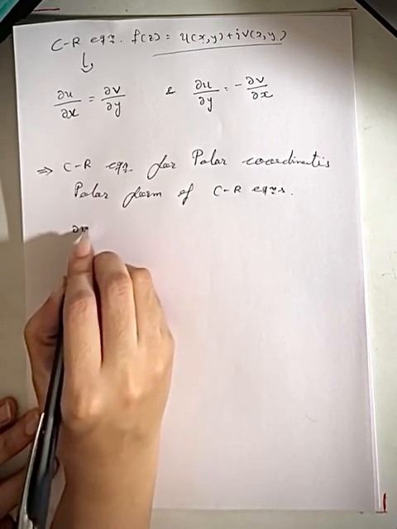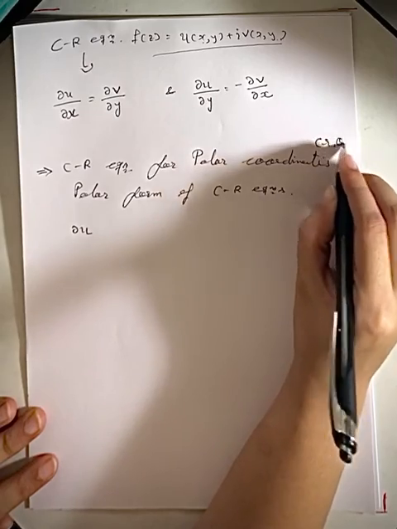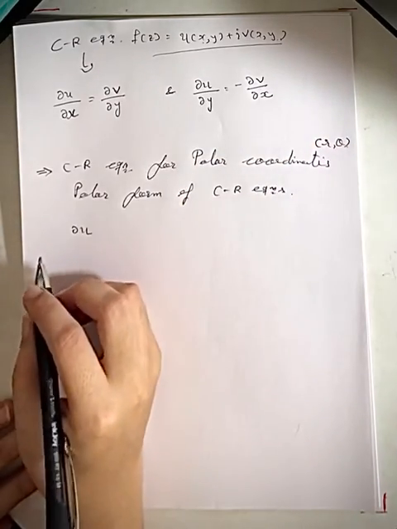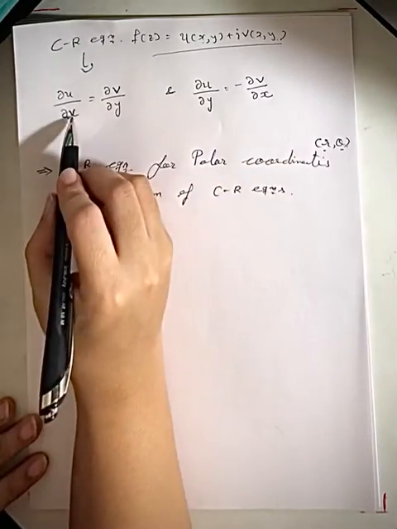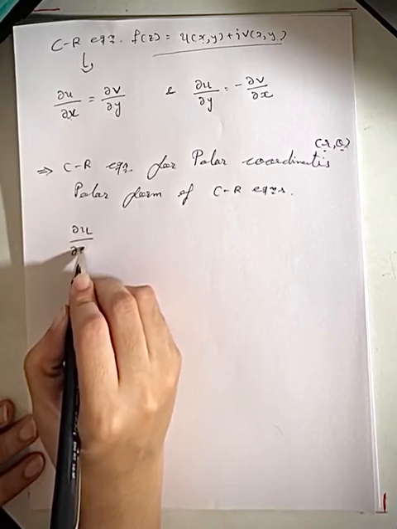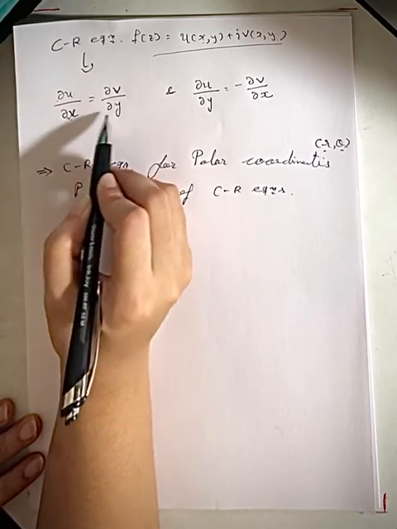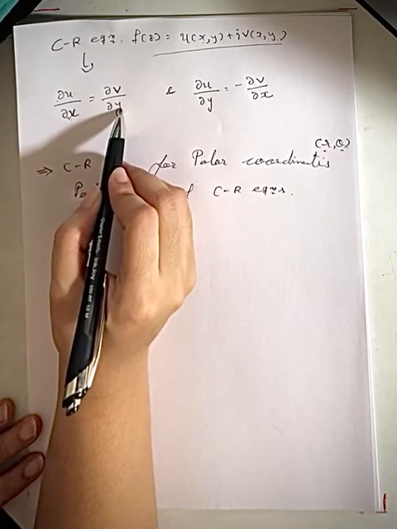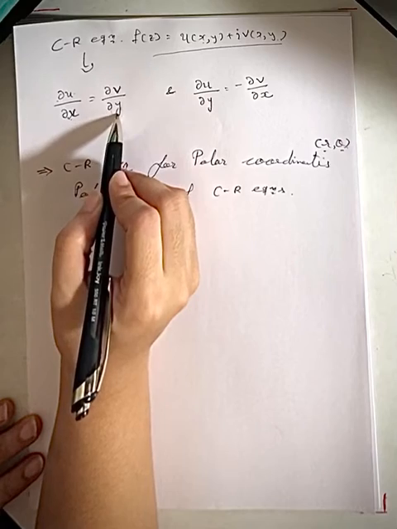that del u, so polar coordinates are r and theta. So we will write the CR relations in terms of r and theta instead of x and y. So del u by del r, just like we had del u by del x related to the derivative of v with respect to y.